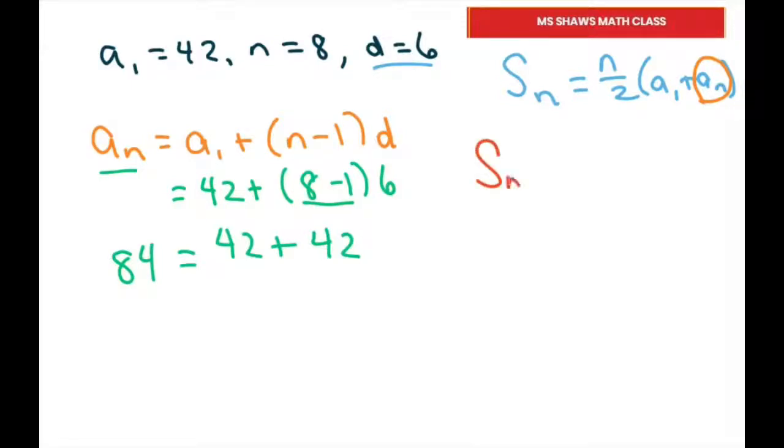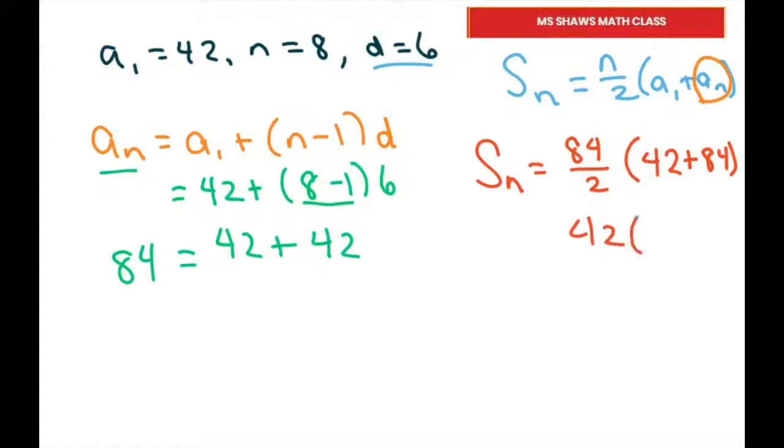So our sum equals 8 divided by 2, and your first term is 42, your last term is 84. So this is going to be 4 times 42 plus 84, which is 126. And then just multiply those two together, and you should get 5292.